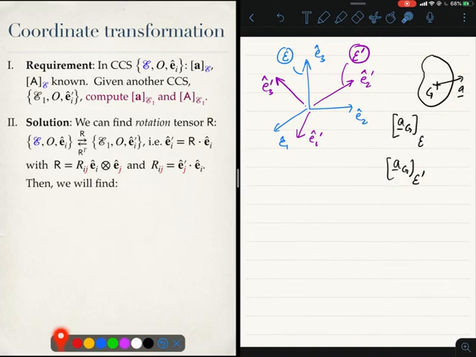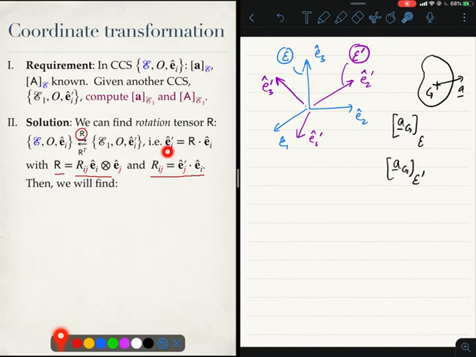We have just learned that if I give you two Cartesian coordinate systems, these are both Cartesian coordinate systems, then I can find a rotation tensor R, whose components are given to be this, remember, ij, ji, and which allows you to go from one coordinate system to another.